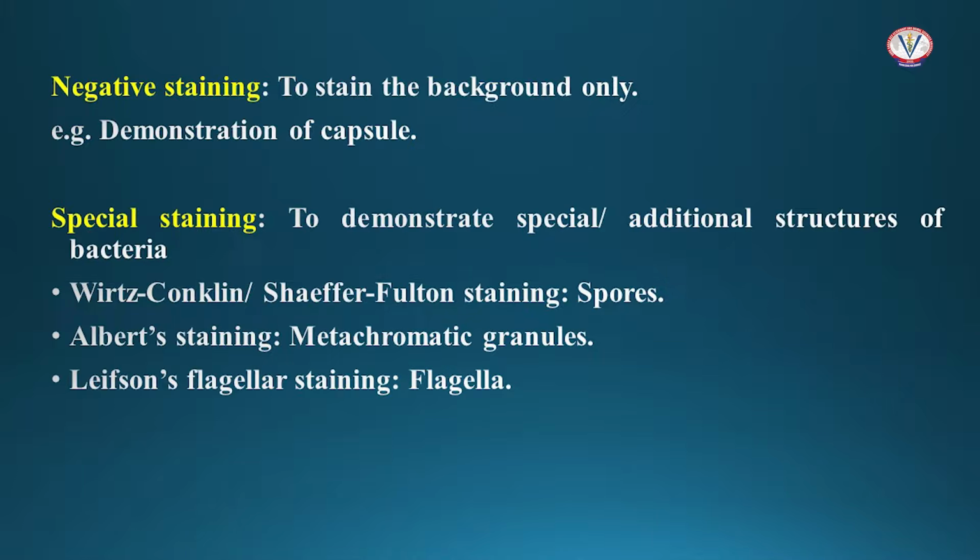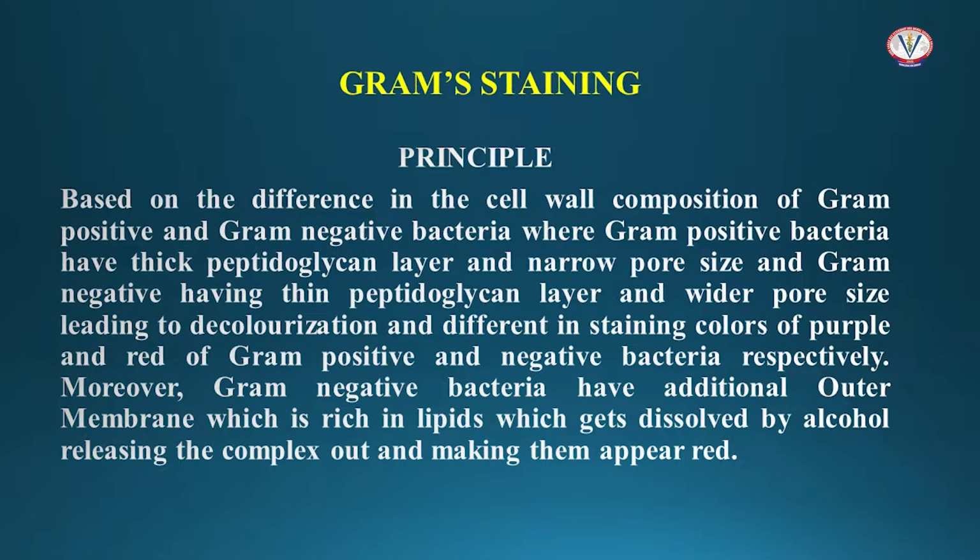And the fourth category is special staining used to stain additional structures, like we have Wirtz-Conklin or Schaeffer-Fulton staining for staining of the spores, Albert's method of staining for the metachromatic granules which are intracellular, Leifson's flagellar staining for staining of the flagella, and Hiss's method of staining for capsule staining. This is the positive method of staining. Most important is this Gram's staining. So I will tell you.